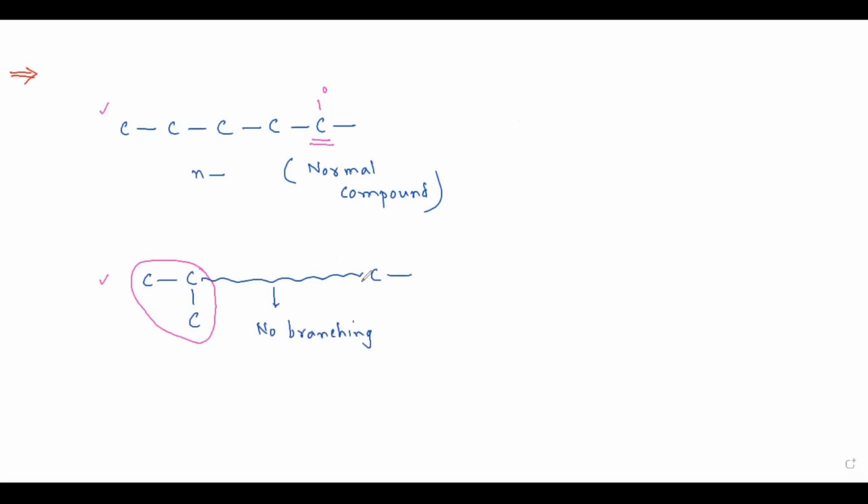And suppose there is a carbon at the other end, if you have this type of an arrangement at the other end, a carbon connected to two other carbons. Now, this type of an arrangement is called iso arrangement.